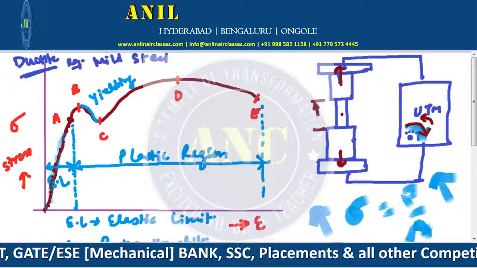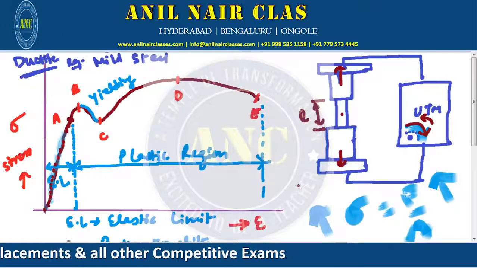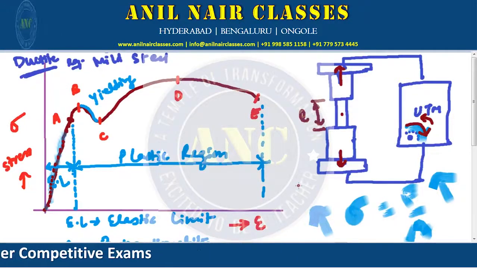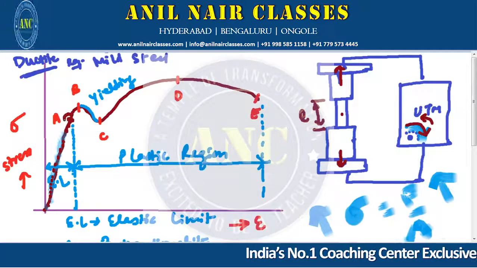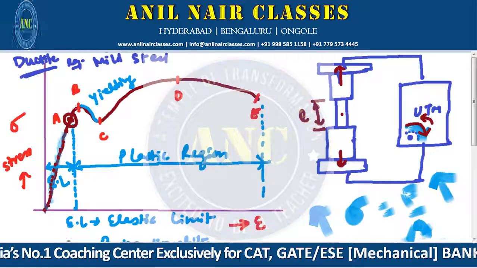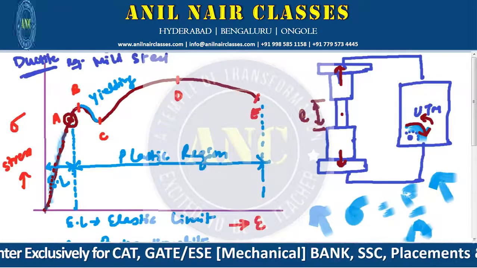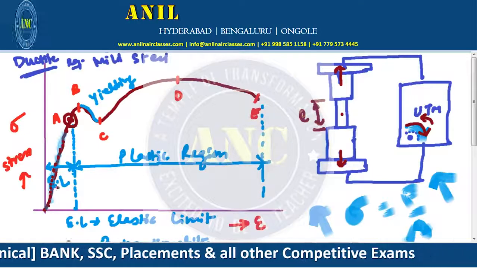Now if you check the length, you will find after some time the length will come to its original position, till the point A. If the body has come back to its original position, then it is because of elasticity. So this is applicable till the point A. That is why it is called the elastic limit.